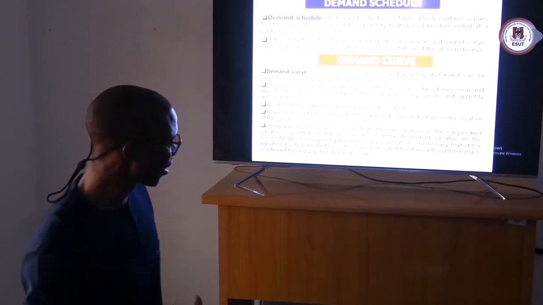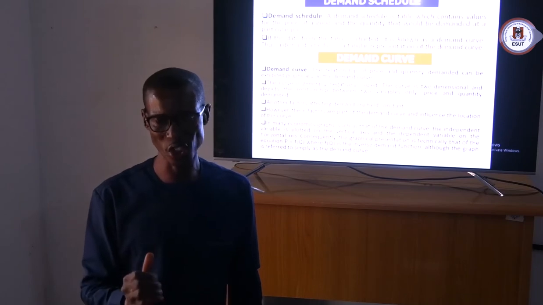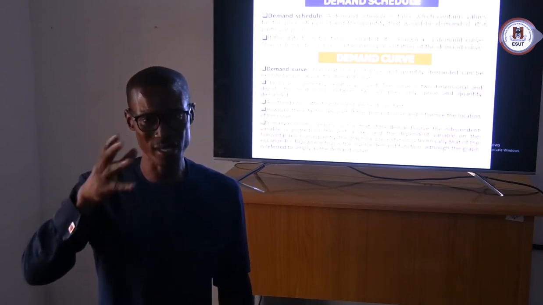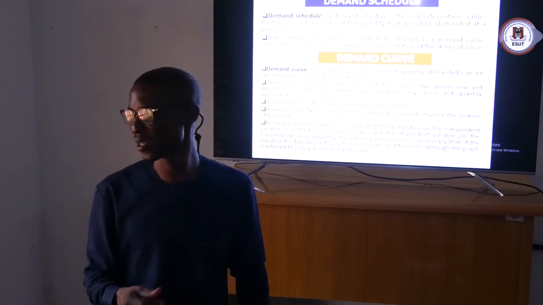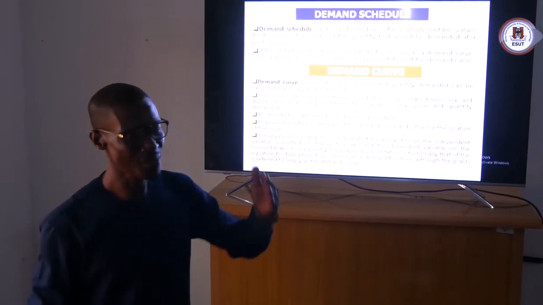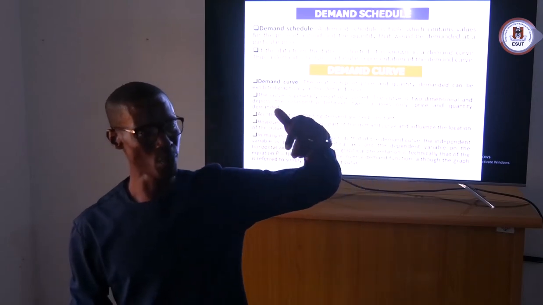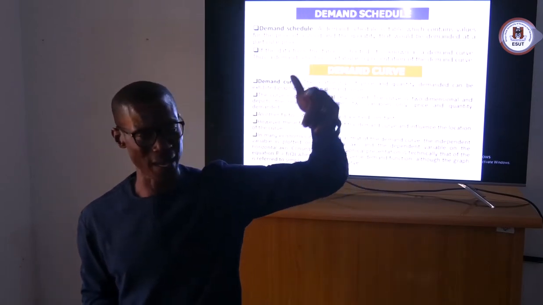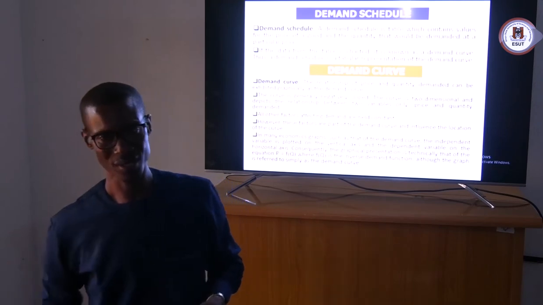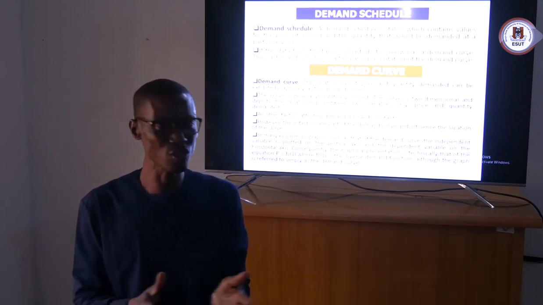We have the demand curve. The demand curve illustrates the relationship between the quantity demanded of a commodity and the price of that commodity. In economics, the demand curve is always downward sloping, coming down from the price axis towards the quantity axis.